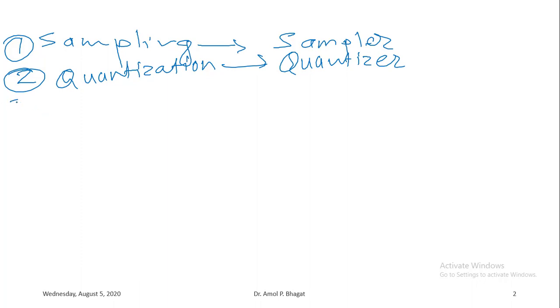And the third step is coding, which is performed by a device called a coder.